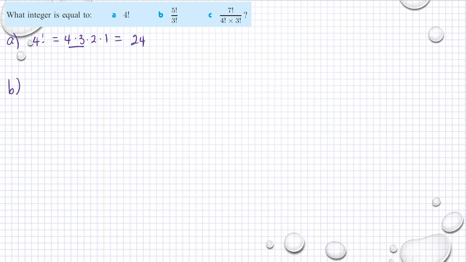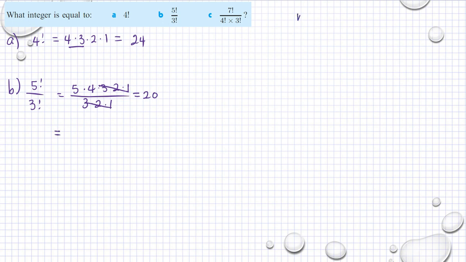Okay, b, we have 5 factorial divided by 3 factorial. Then we have 5 times 4 times 3 times 2 times 1 divided by 3 times 2 times 1. As you can see, this will become 1, then we have only 20. There is another way to solve this.